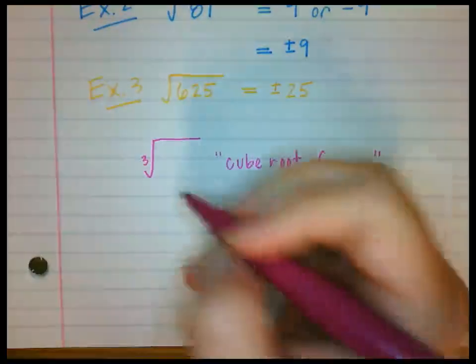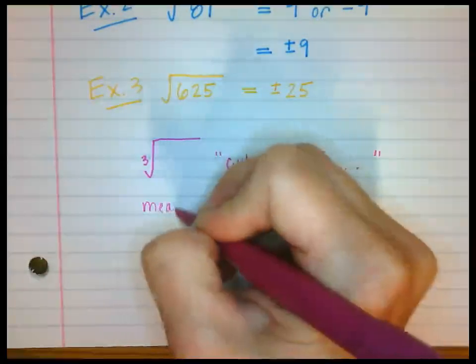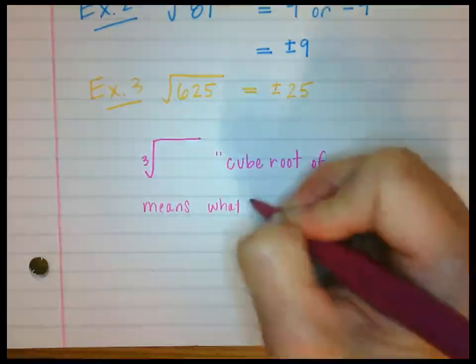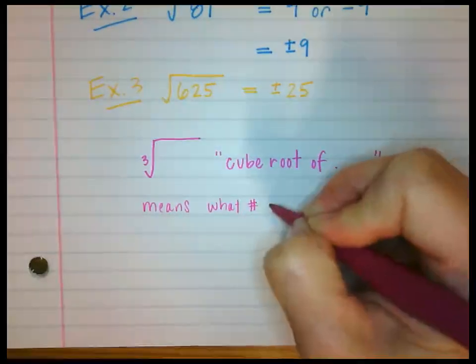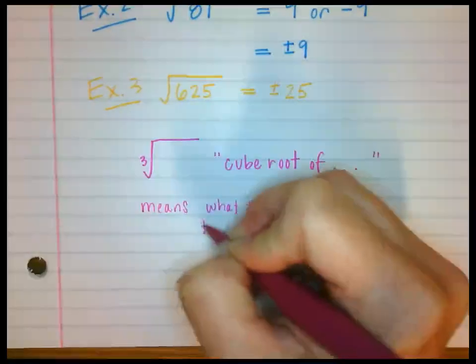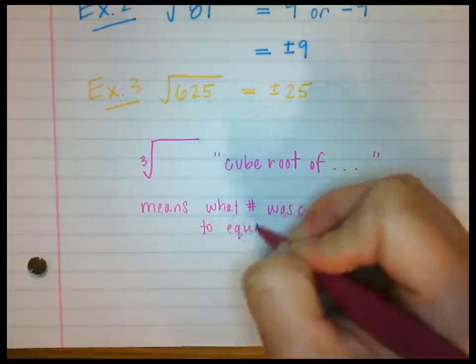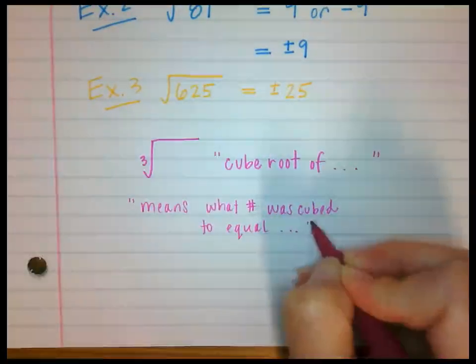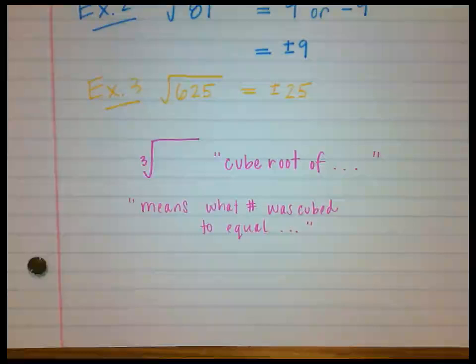So what that means is that we need to ask ourselves what number was cubed to equal whatever is inside that cube root sign.